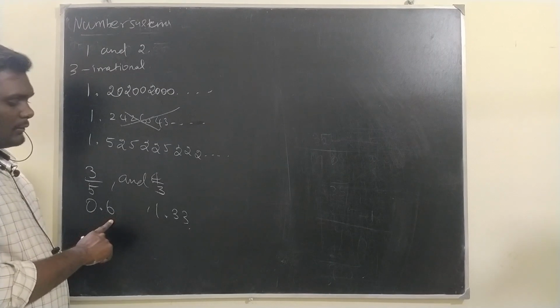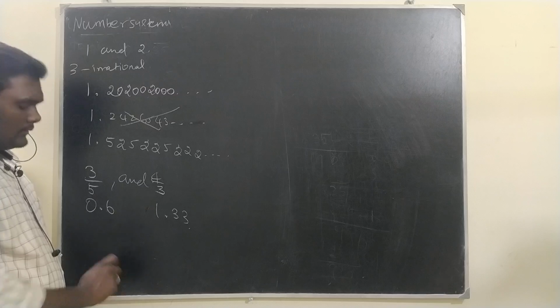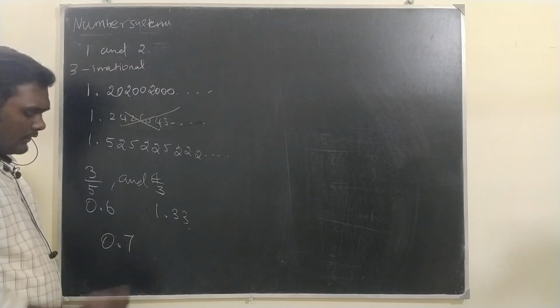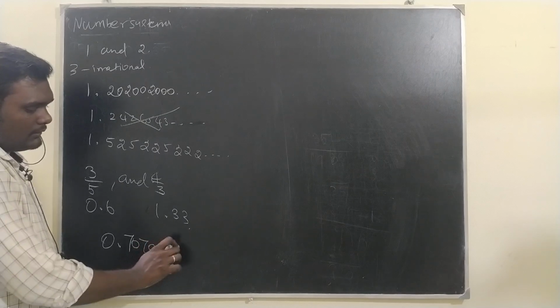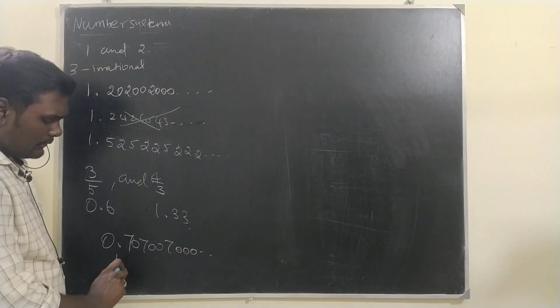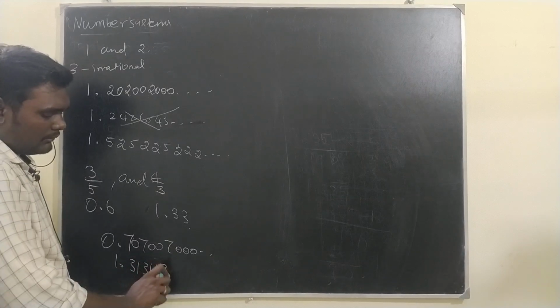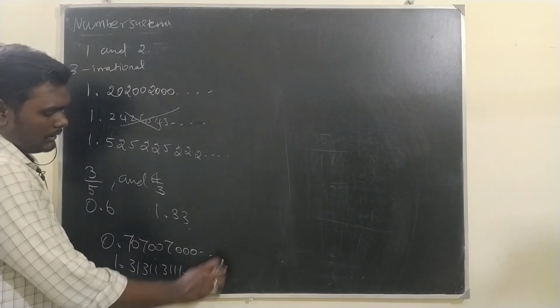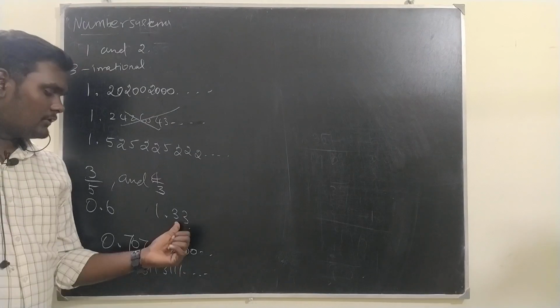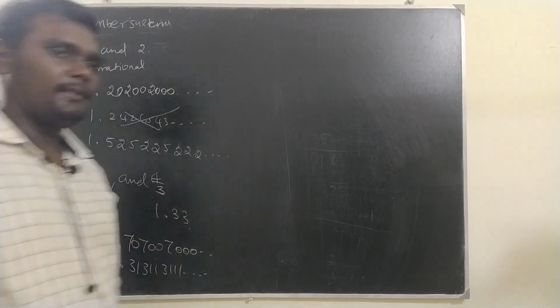Then between 0.6 and 1.3, 0.7 lies in between these two, right? So 70, 700, 7000 and so on it goes. Or else 1.31, 311, 3111 and so on. 1.2 also we can take. 1.4 shall we take?